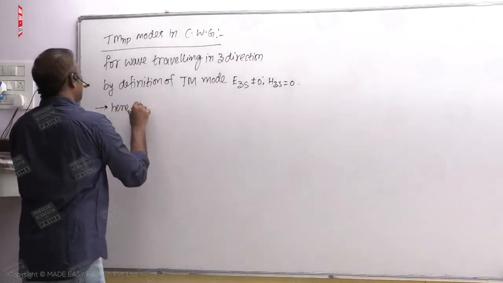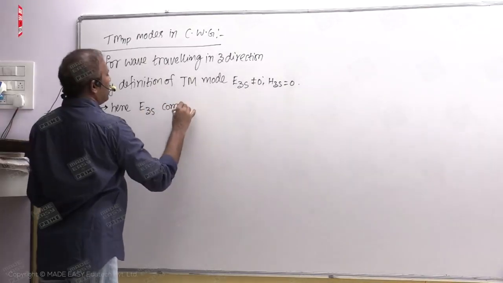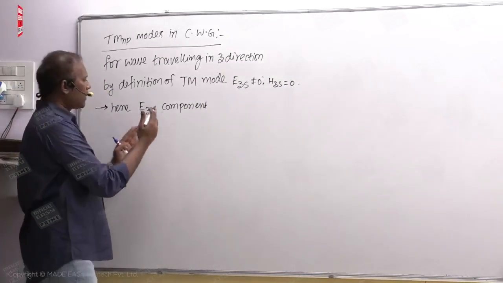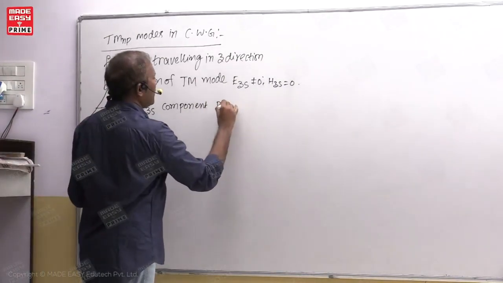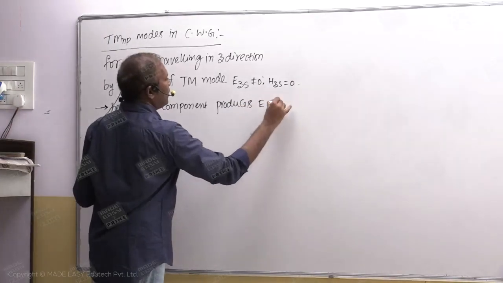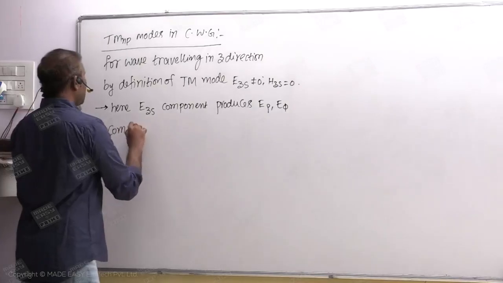Here electric field z component, that is main component, that is like mother component, produces e rho, e phi components.